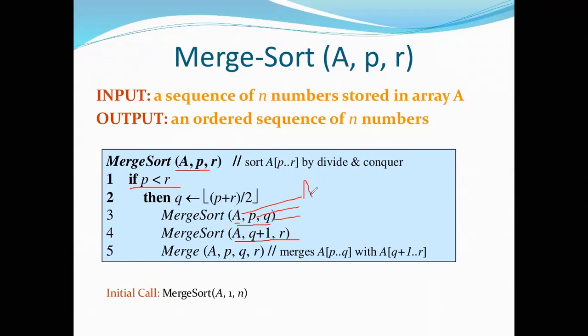So A 0 3, then this one is basically q plus 1, that is 4, and r means 7. So what we did, we divided the array using these indexes.